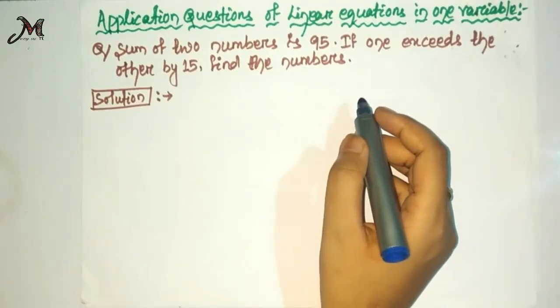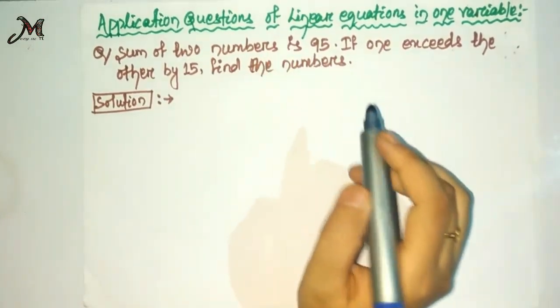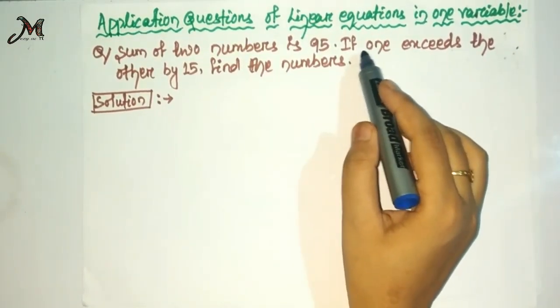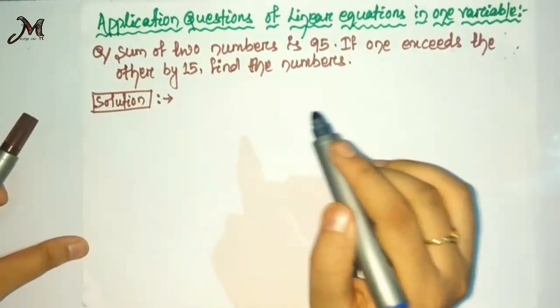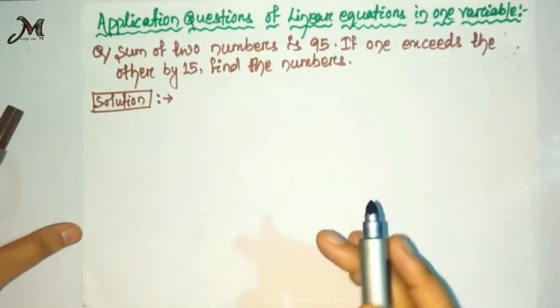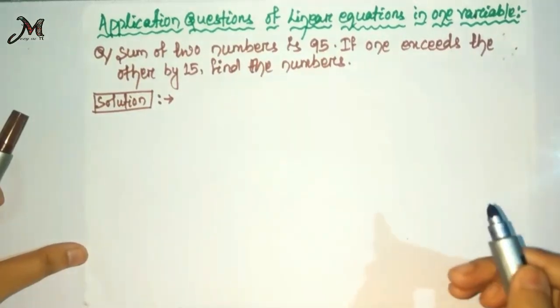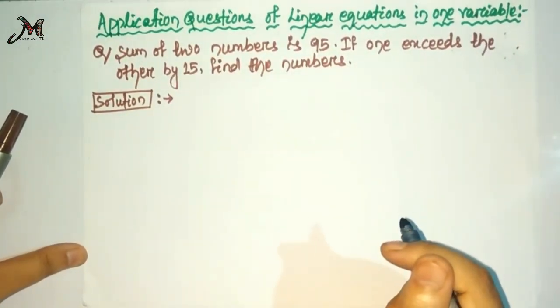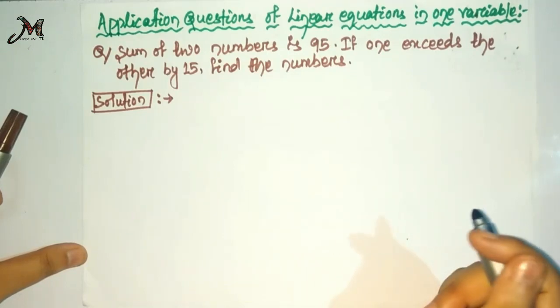What is given first? The sum of two numbers is 95. Okay, and the second condition is if one exceeds the other by 15, that means the difference between these two numbers is 15. So can you take one number as x? Okay, so the other number will become x plus 15.